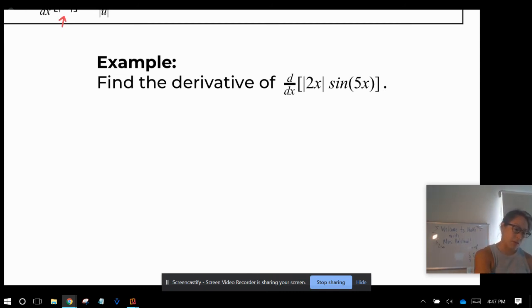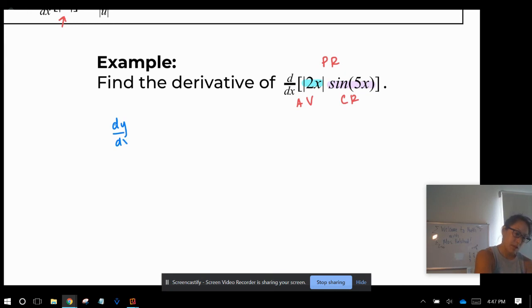So I have product rule happening. Two pieces being multiplied together. So this is product rule. And within the product rule, I have chain rule and absolute value rule, which is a form of chain rule. Okay, so we're going to start. dy dx is equal to, or yeah, that's fine.